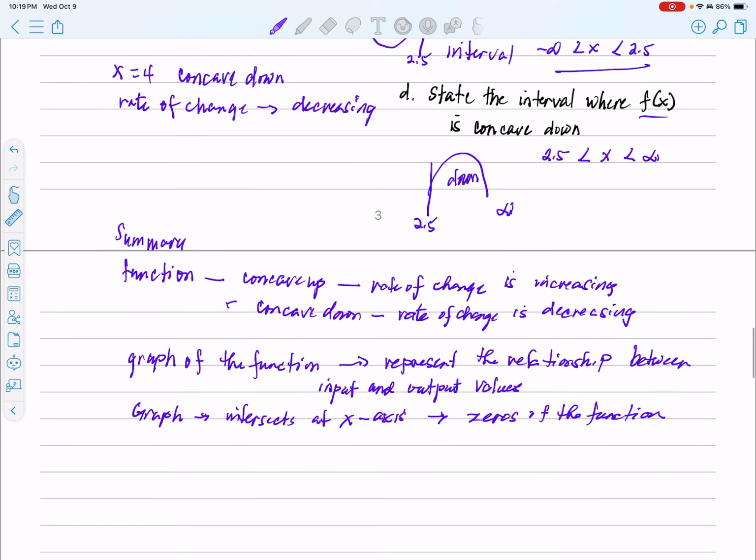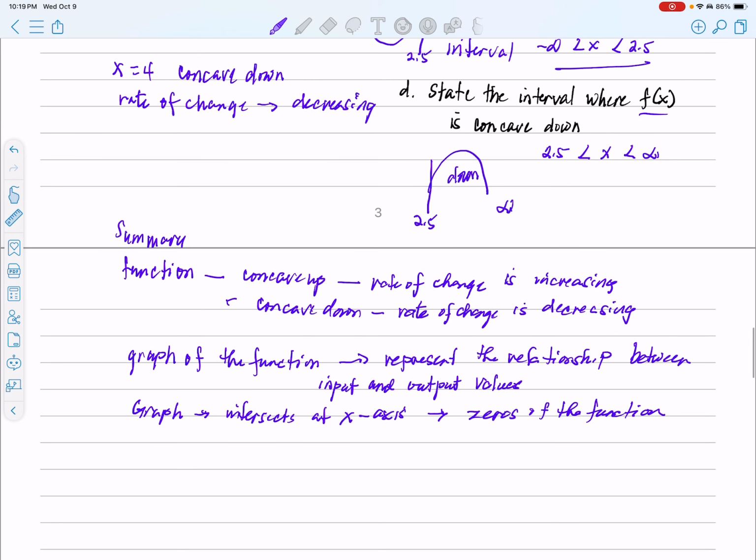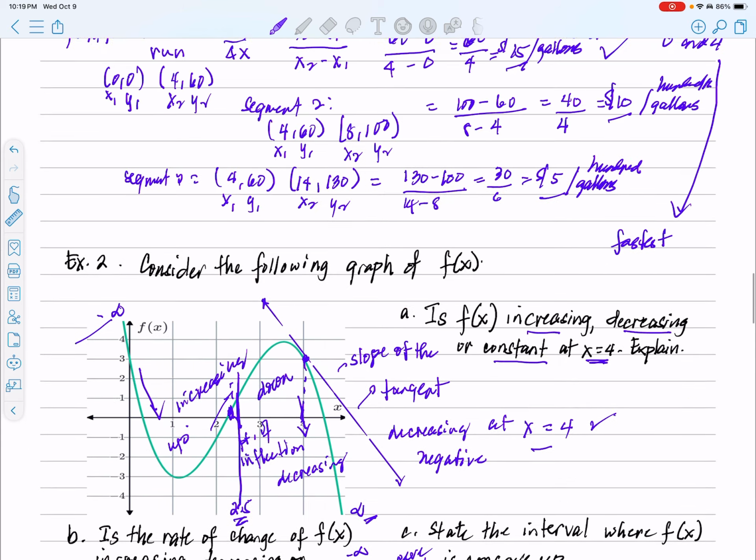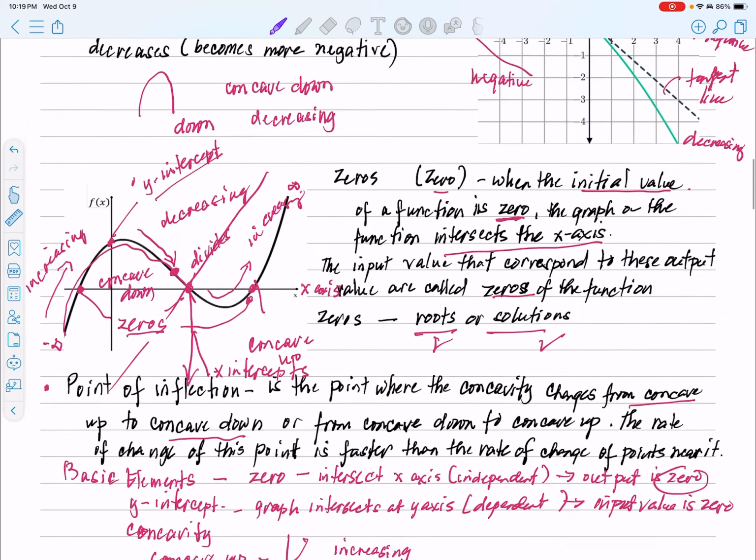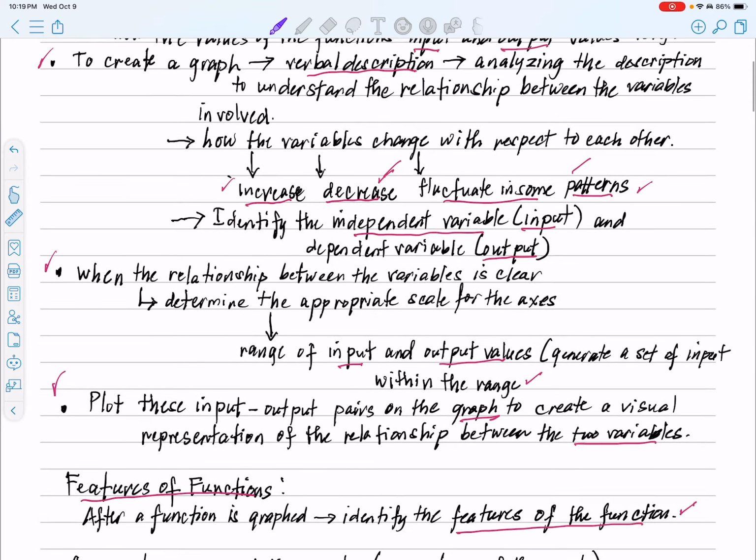So we are done with the unit. We are done with 1.1, the chains in tandem. I have to move up.